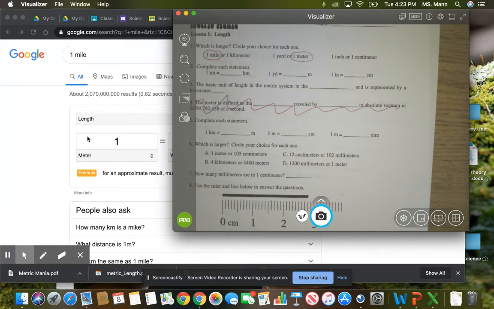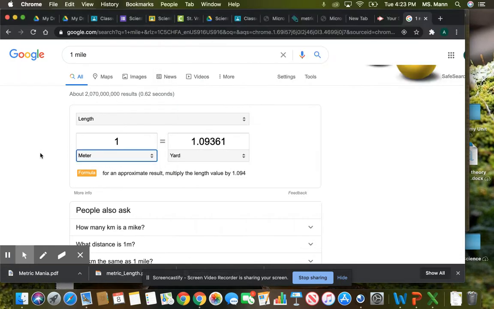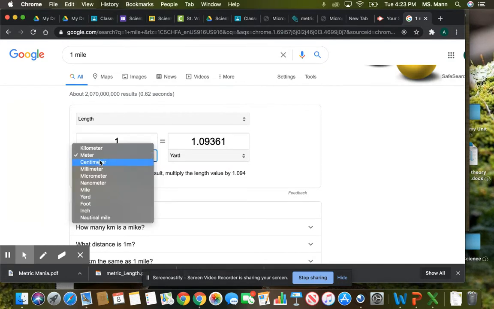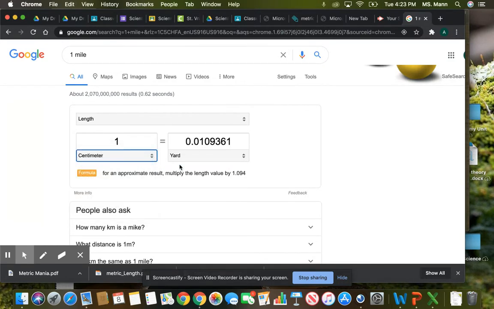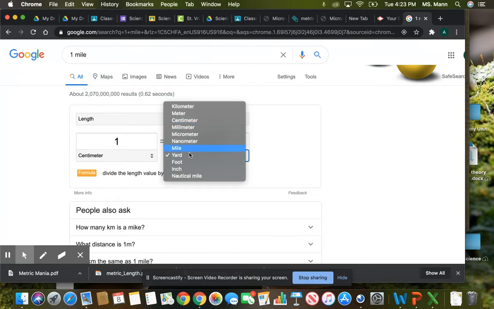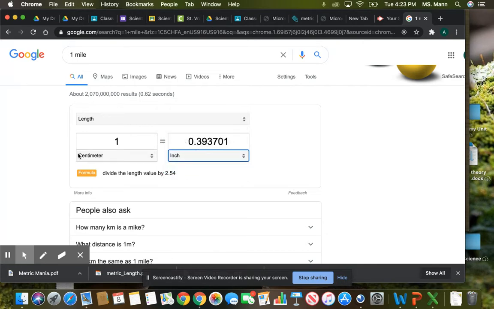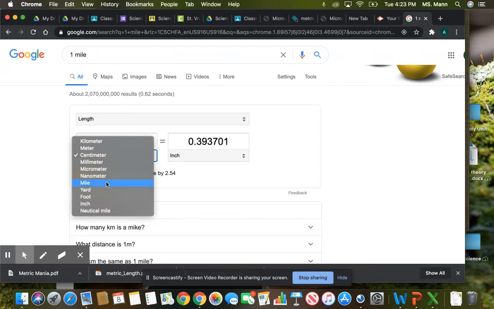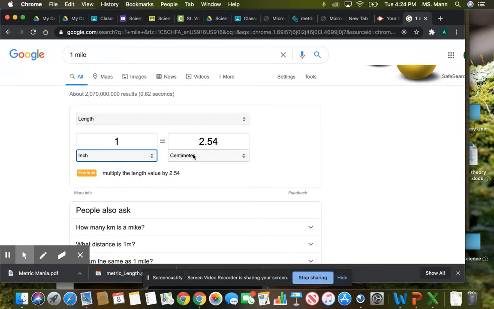Now, which is longer, 1 inch or 1 centimeter? So let's go ahead and start it again. 1 centimeter or 1 inch. 1 centimeter contains 0.39 inches, right? Now, that means the centimeter is smaller because it takes multiple centimeters to create 1 inch. To prove this, we are going to go to inch on this side, and it's automatically going to go to centimeters.